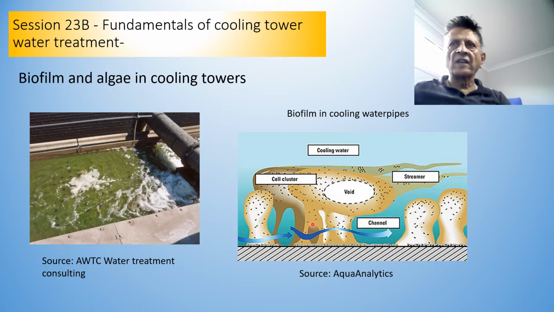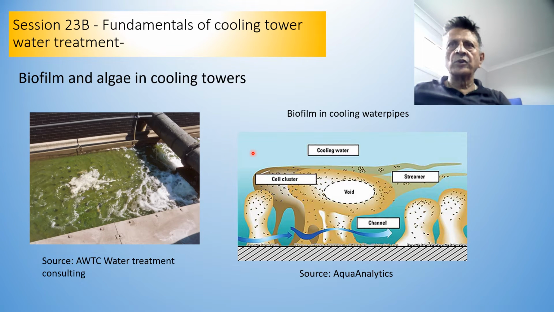The picture on the right shows a blown up portion of the side of a pipe of a cooling tower water, and you can see that this part is partly the algae strands, and you may have algae stuck onto the walls, and the little dots would probably constitute bacteria.